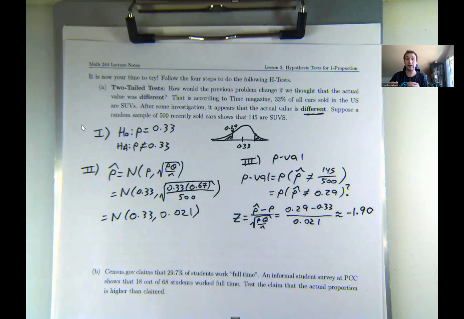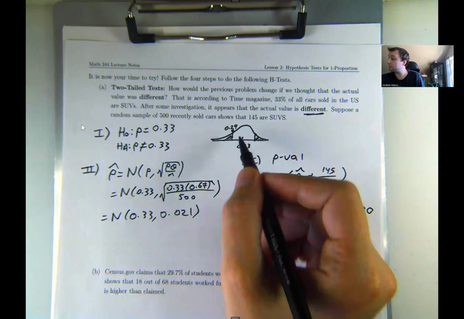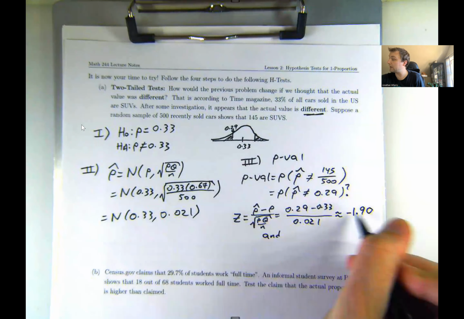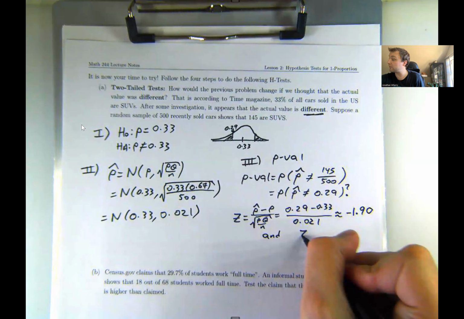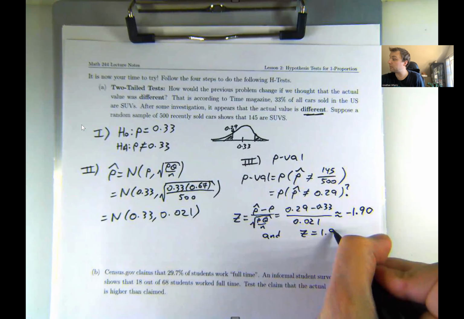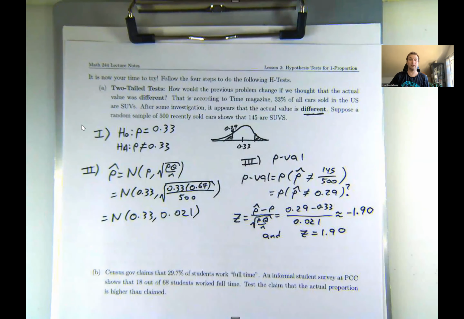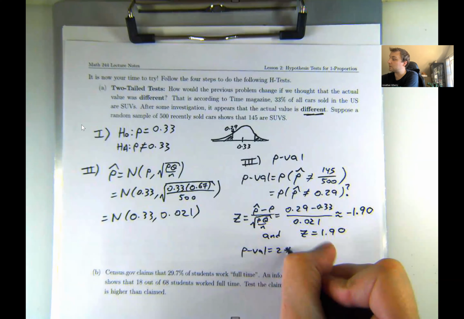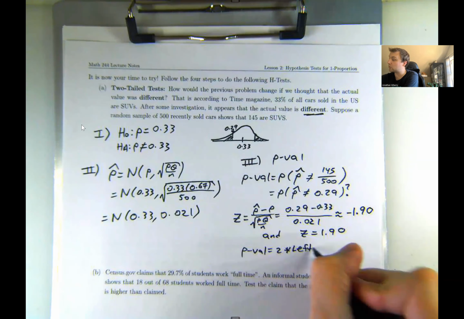Now this is a two-tailed test, so this has a negative z-score of 1.90, and it's going to have a positive z-score of the same thing but positive 1.90. Now I'm going to look this up inside of my table. And I'm going to look at that left tail. That's going to be that negative z-score.